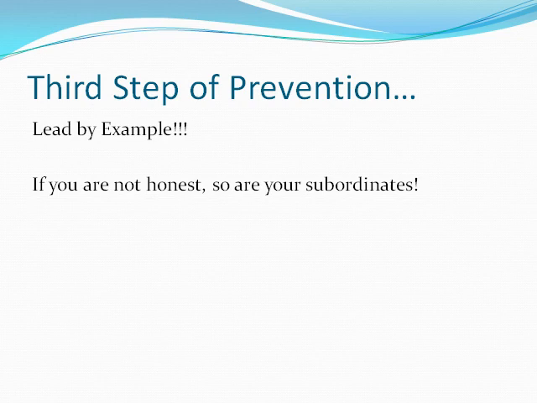Leaders are very transparent to their employees. We cannot expect our staff to be acting differently than what we actually do. So, for example, if you take office supplies home, your subordinates might feel that it is okay for them to do it as well.